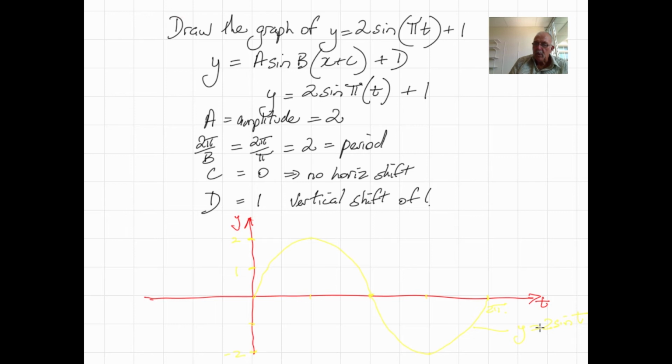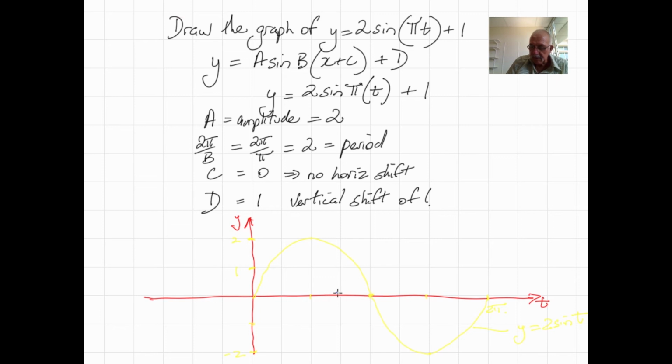Now, we have got a period of 2. So 2 is, that's around about 6. So 2 is going to be down here somewhere. So let's change down. So that's pi. If that's 2 pi, that'll be pi, which is 3 point something.